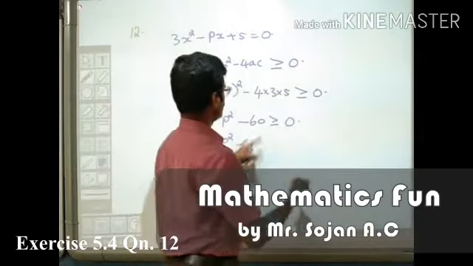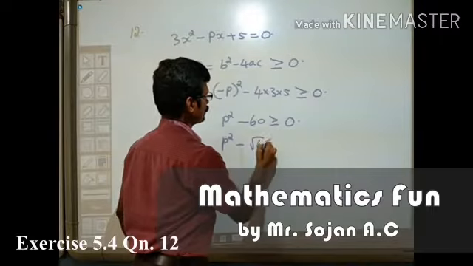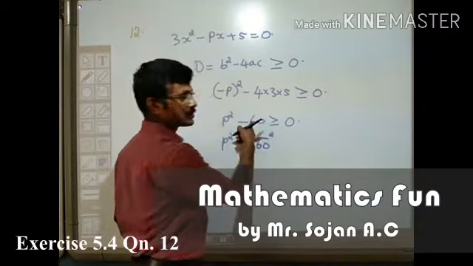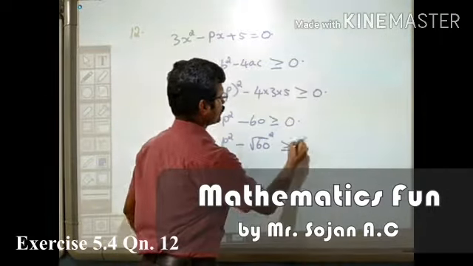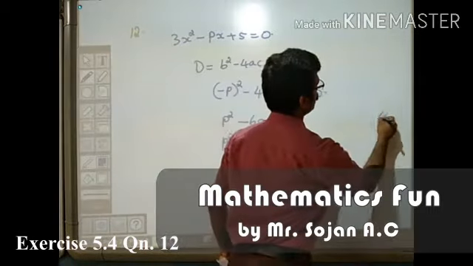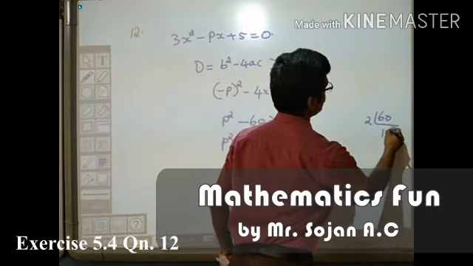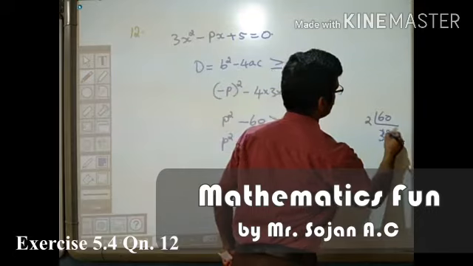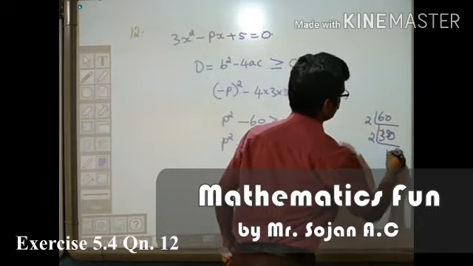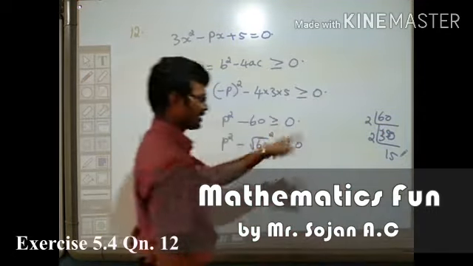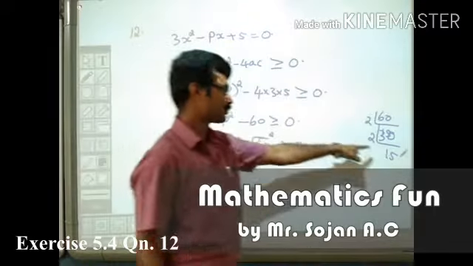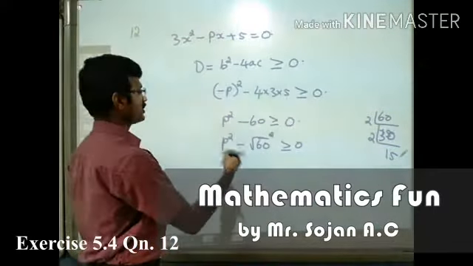So this can be written as root 60 square. Root 60 square is same as 60. And root 60, if you do prime factorization, it is coming to 2 root 15. I can write it as 2 root 15 square.